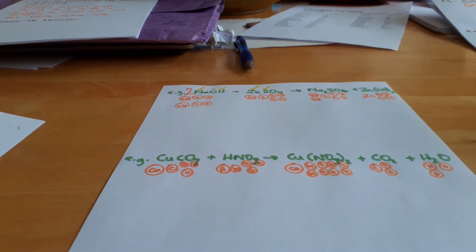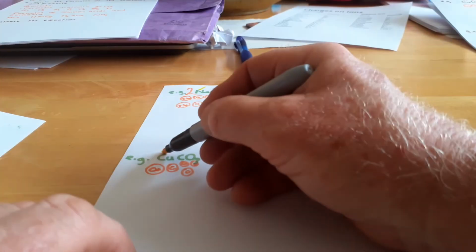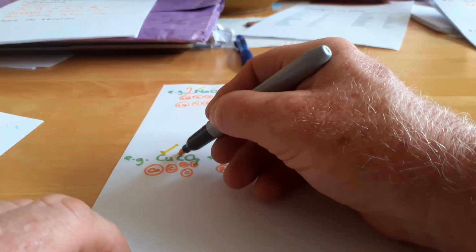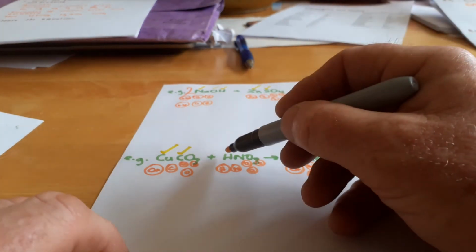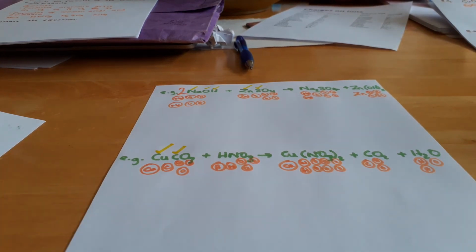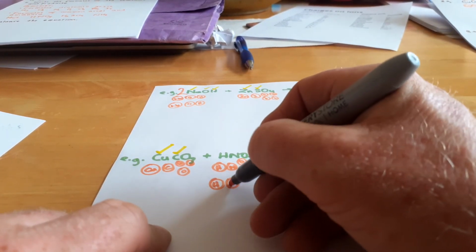So let's do some balancing. 1 copper, 1 copper, so they're fine. 1 carbon, so they're fine. 1 hydrogen, 2 hydrogens. So we've got 1 hydrogen on the left hand side, so we need another molecule of nitric acid.